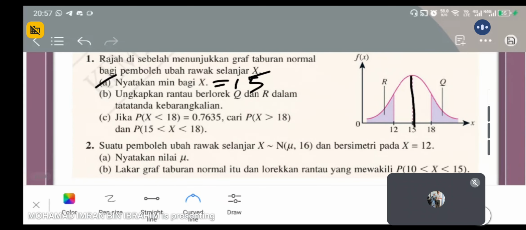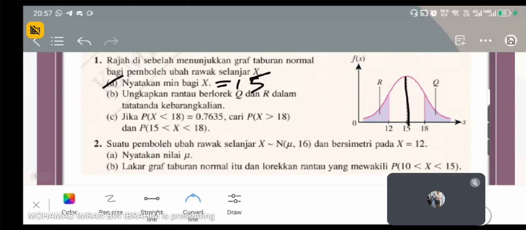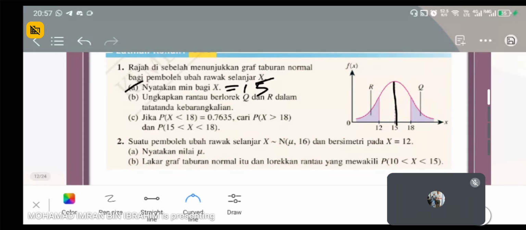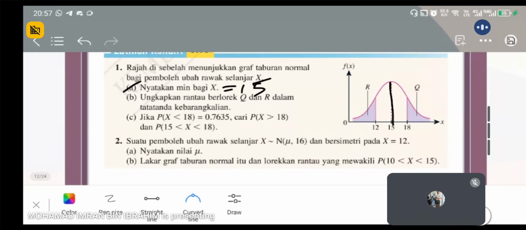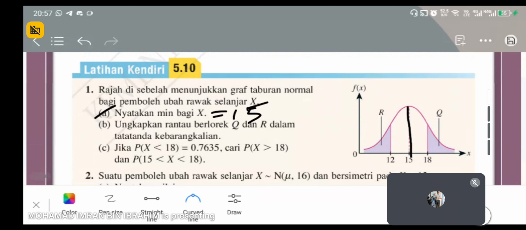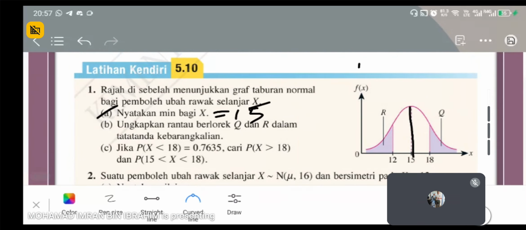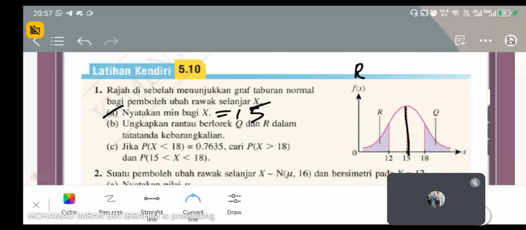Right. Q. Alright, let's say your R. Okay, we label it R, which is this one. You guys see the R, right?